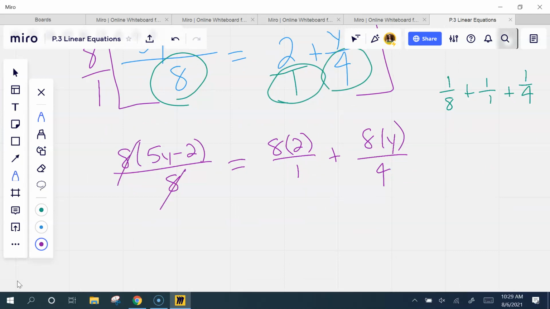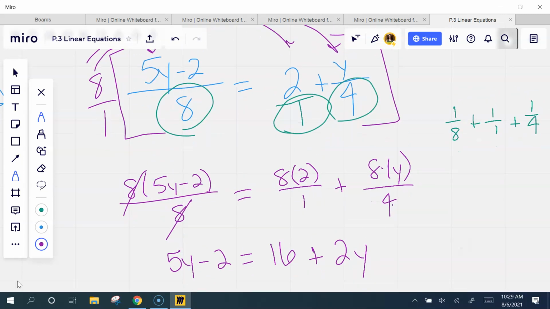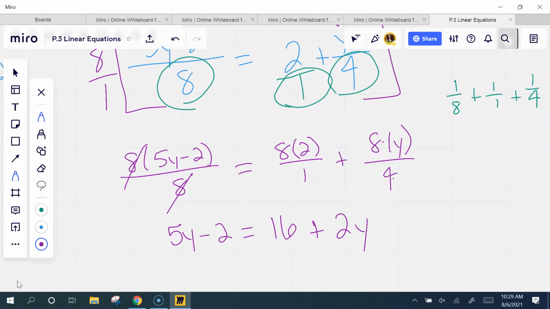This cancels. So I have 5y minus 2 equals, 8 times 2 is 16, right? 8 divided by 4 is 2. Is this something that's a little easier to solve now? Now, if I asked you how to find y, would you have a more concrete answer for me here? It was still a linear equation, although it didn't look like it.